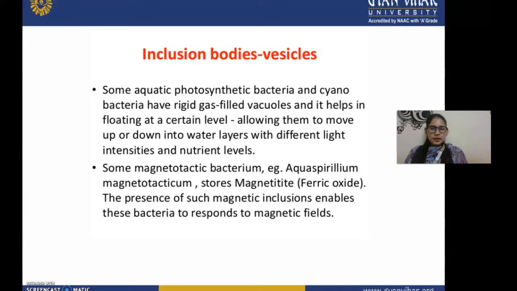And some magnetotactic bacteria have magnetic inclusions, and the presence of such magnetic inclusions enables these bacteria to respond to the magnetic field. For example, ferric oxide stores magnetosomes, and this is all about inclusion body vesicles.